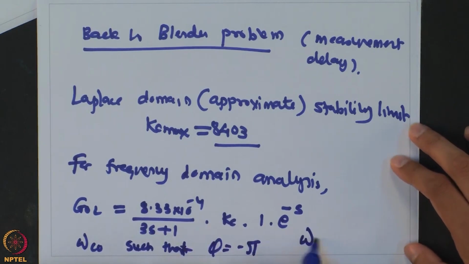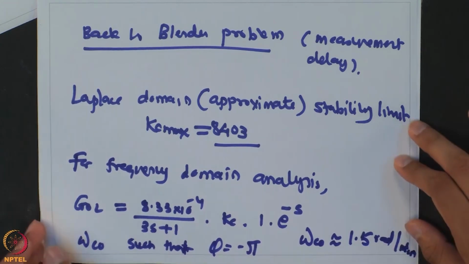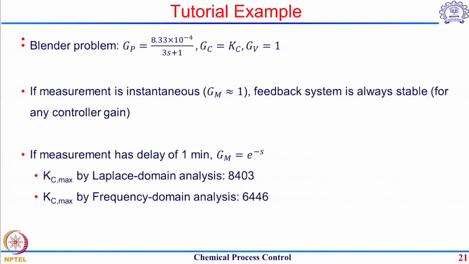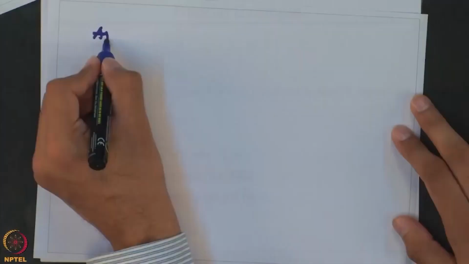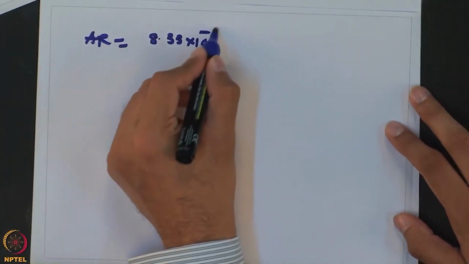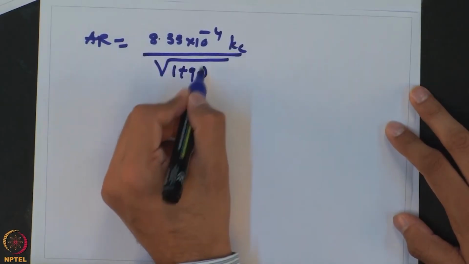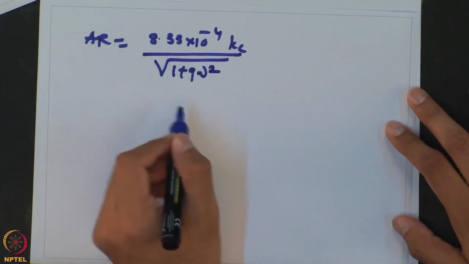That omega crossover roughly comes out to be 1.5 radians per whatever is the time unit, and correspondingly, your AR is equal to 8.33 10 raised to minus 4 Kc over root of 1 plus 9 omega square.